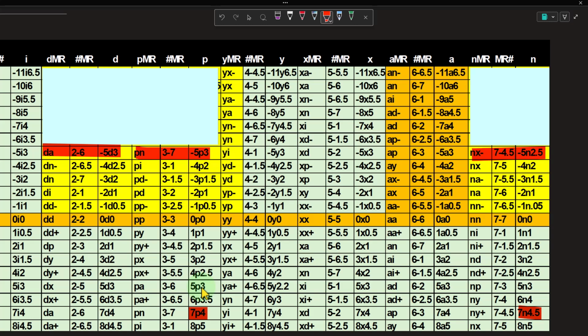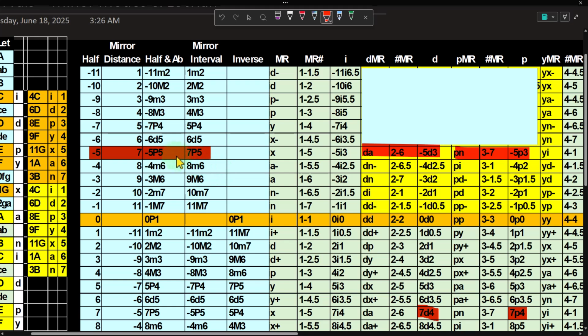This time, though, it would be 4 modal half steps forward or clockwise, which you would think would be the 5th scale degree. Here, similarly, we have a 7 node away from the Dorian node, 4th modal half step forward, which you would think would be the 5th scale degree. And over here, you can see already that it was the 7 node away perfect 5th, 7 node away perfect 5th.